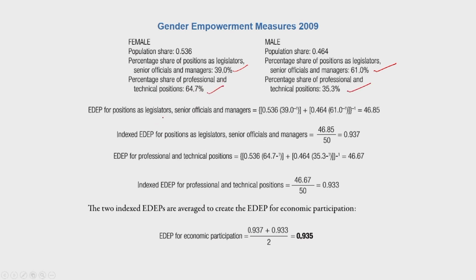So the EDEP is calculated for each of these and then indexed to the value of 50%, which comes out to 0.933, and this is the EDEP for legislators, senior officials and managers 0.937. Then a simple averaging is done for the EDEP for economic participation because you have so many indicators here. So that comes out to 0.935.